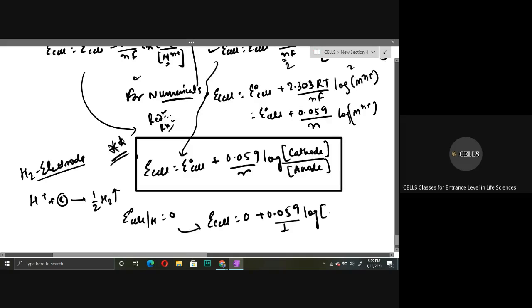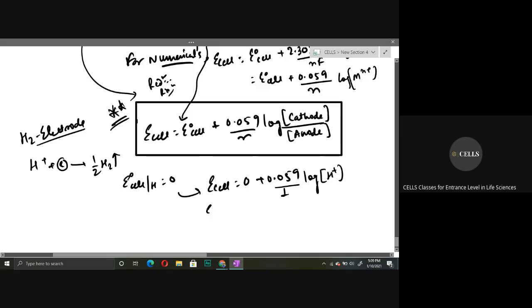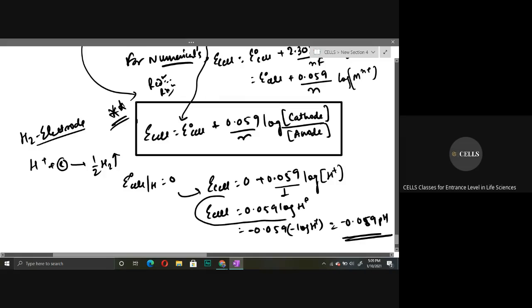So for a hydrogen electrode, remember this: 0.059 log H+, or minus 0.059 into minus log H+, equals minus 0.059 into pH. Remember this one, that will be enough.